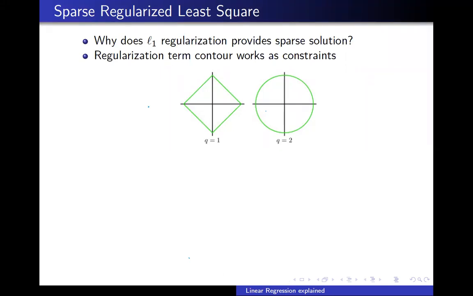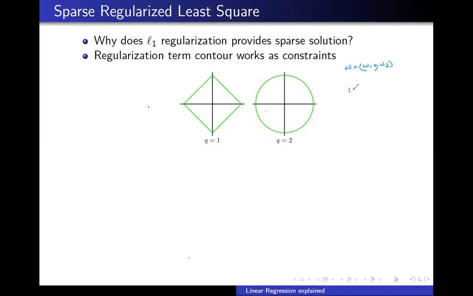Let's say you have only two features, so your W has only two coordinates, W1 and W2.